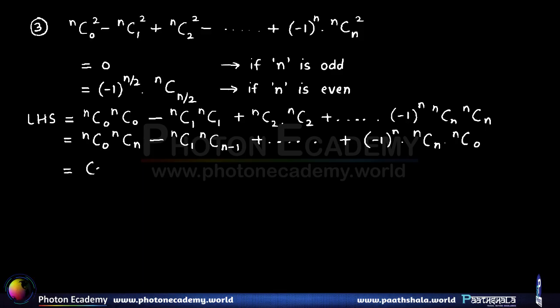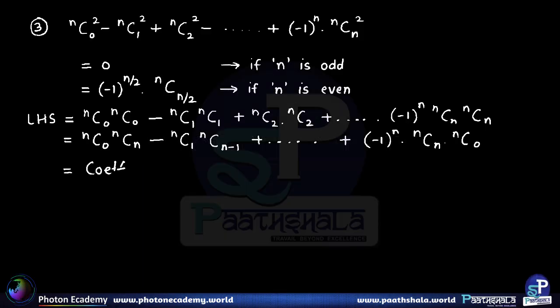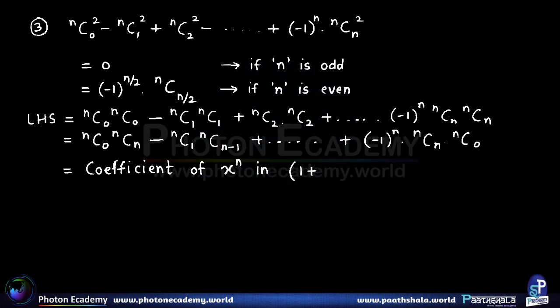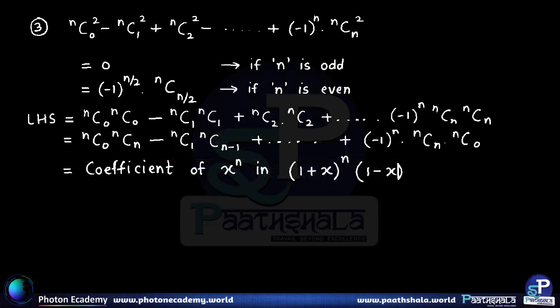So we can reason that this expression is the same as the coefficient of x raised to n in the product of, the first series in which all the terms are positive, which we consider as (1 plus x) raised to n, and the second series, in which we want alternately positive and negative terms, has to be (1 minus x) raised to n, because when the second term is negative we get alternately plus and minus terms.